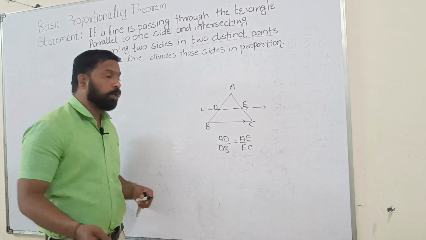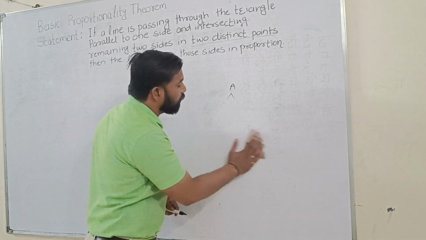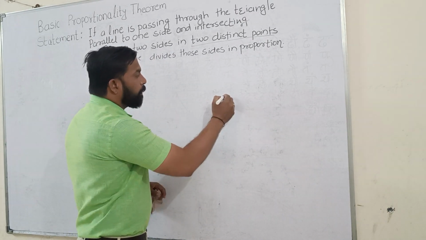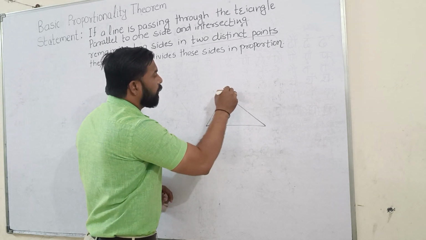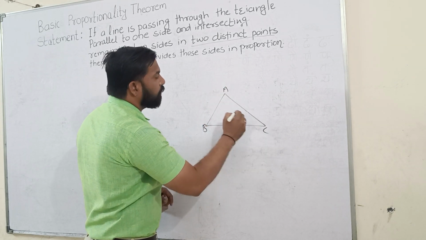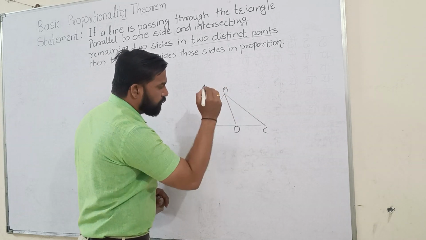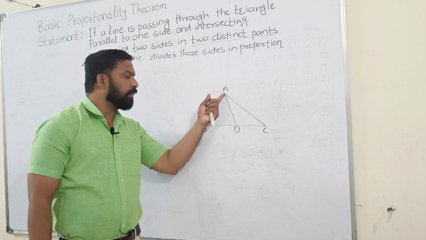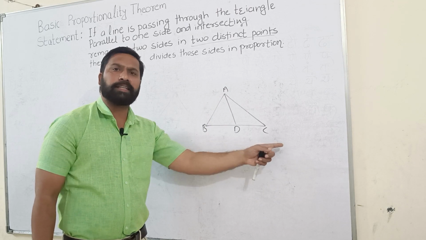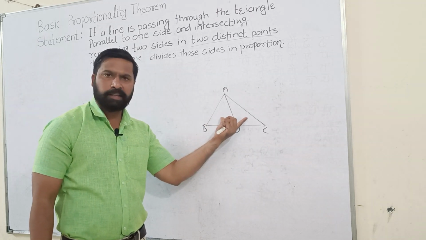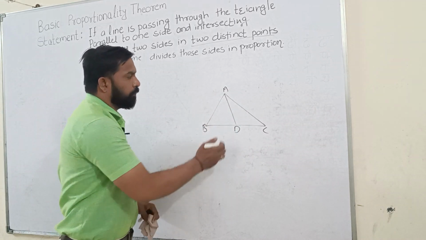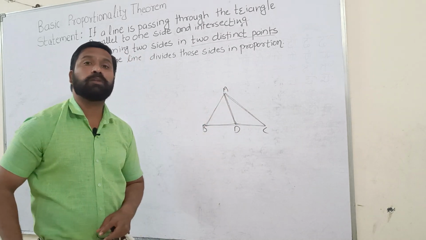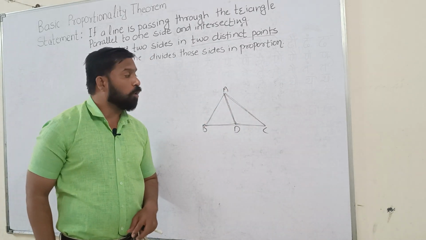So I just want you to understand this thing before we go through the BPT theorem. See here, in triangle ABC, I will take one more line here as D. If we are looking at triangles ABD and ADC, two different triangles are there. What is common between them?